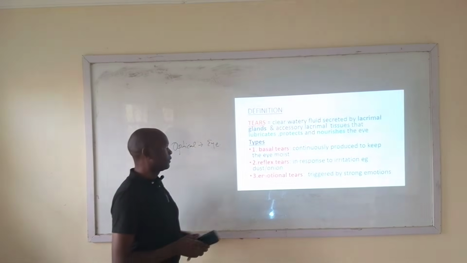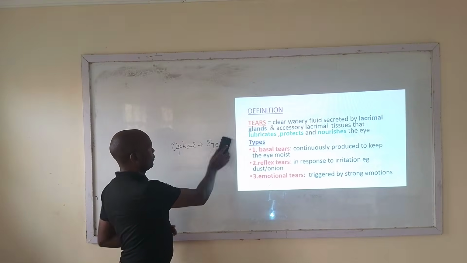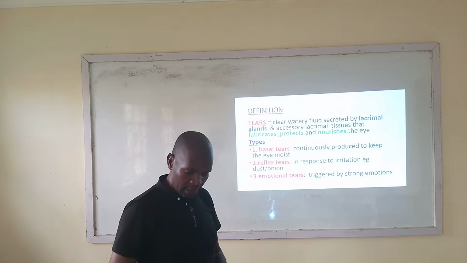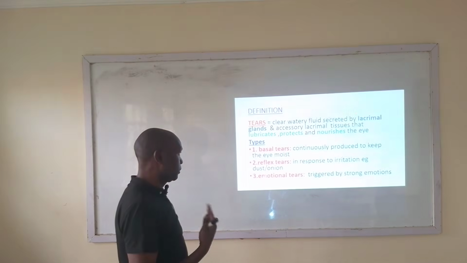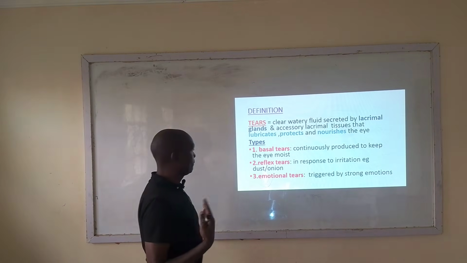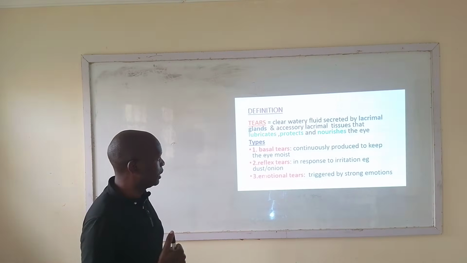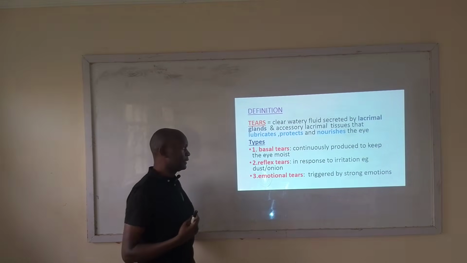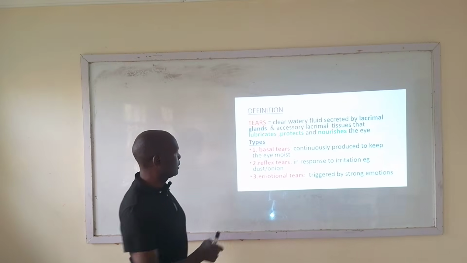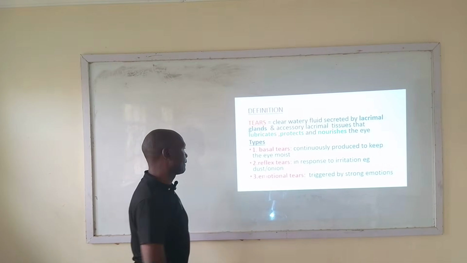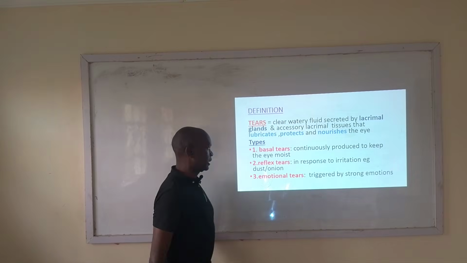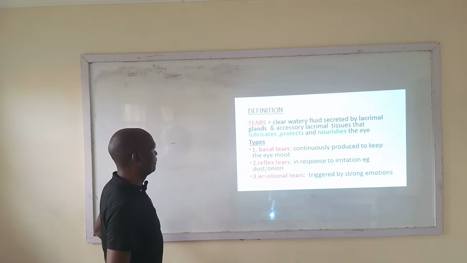Now we have the types of tears here. We have three types of tears. The tears that are produced continuously in normal daily activities to lubricate the eye are called the basal tears. This one is produced continuously to keep the eye moist.